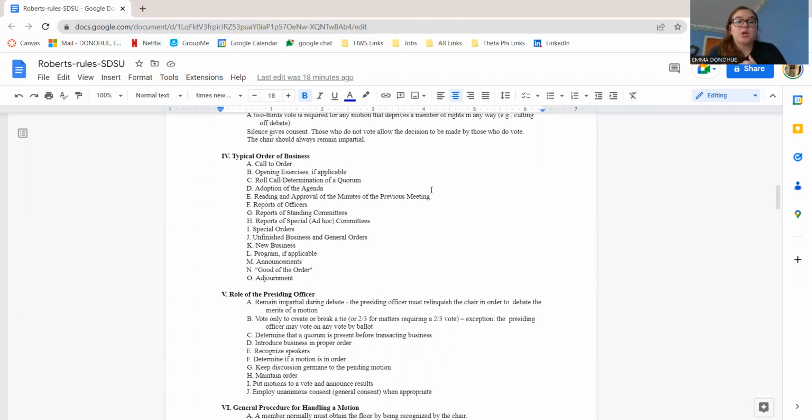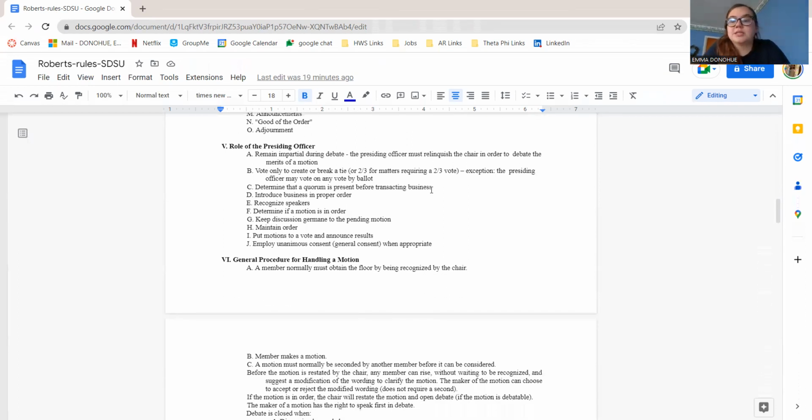It should always start with a call to order, then going into opening exercises if that is applicable, a roll call and determination of a quorum, so figuring out how many members are there and if you meet quorum, and to establish potential voting numbers, adoption of the agenda, reading and approval of the minutes from previous meetings, reports of officers, reports of standing committees, reports of special committees, special orders, unfinished business and general orders, new business, program if applicable, announcements, the good of the order, and then finally the adjournment.